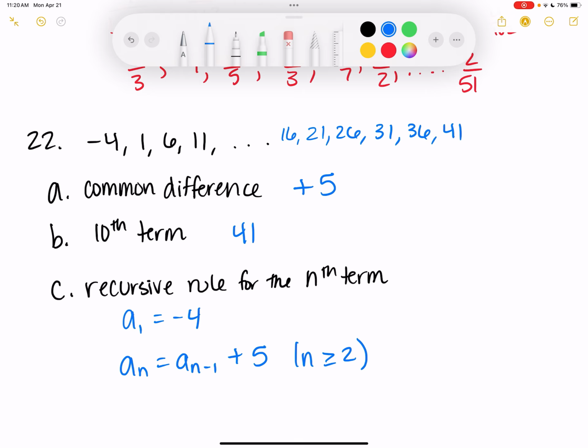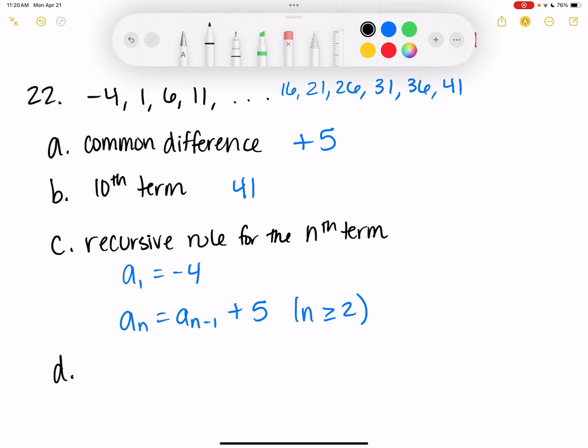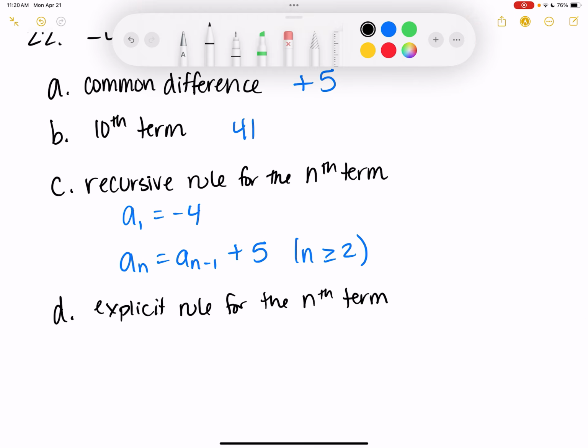But the explicit rule is the one that I would say we tend to use, and it's more the one that they gave us in the video. The explicit rule is that a sub n is equal to whatever the first number is, plus the common difference times n minus 1. So whatever number you're looking at, minus 1. And in this case, 1 is the first term.